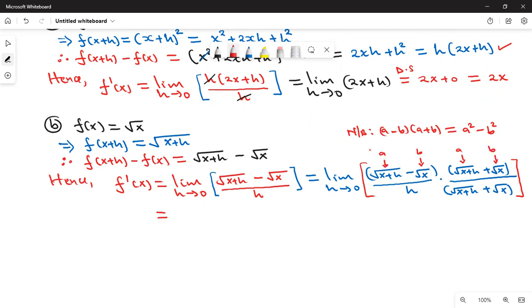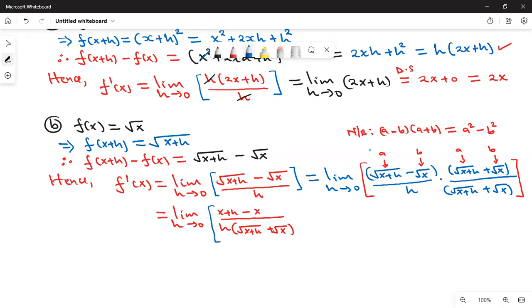So that it is a minus b times a plus b. So we are going to square a, that is x plus h, and then also square b, you get x. So this will now be the limit as h approaches 0 of a squared is x plus h minus b squared, which is x, over denominator is h into the square root of x plus h plus another root x. That's what we have.